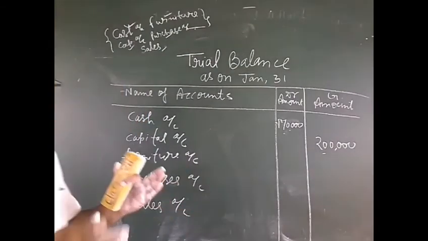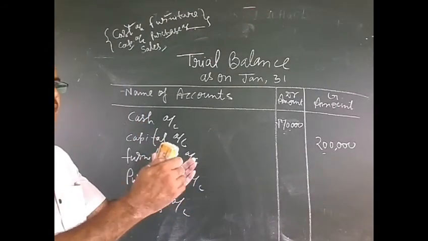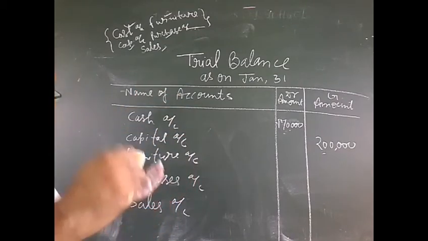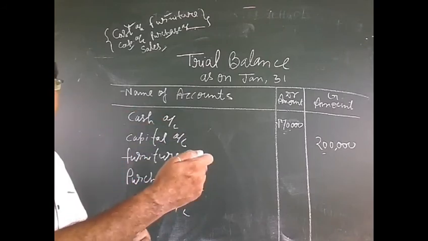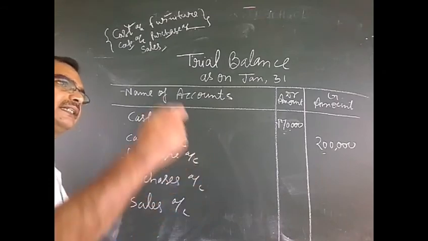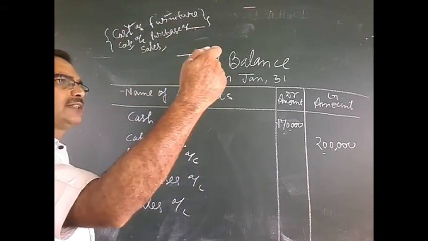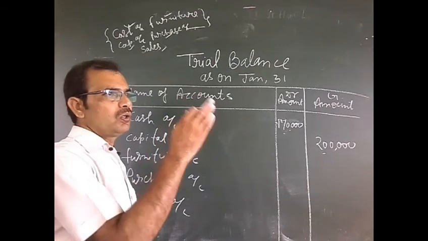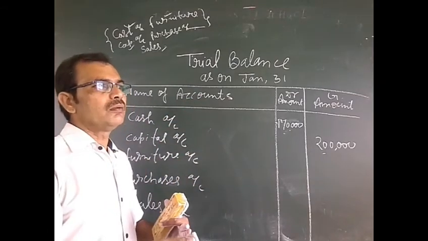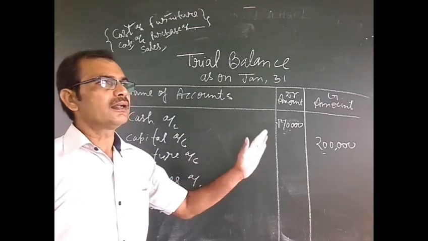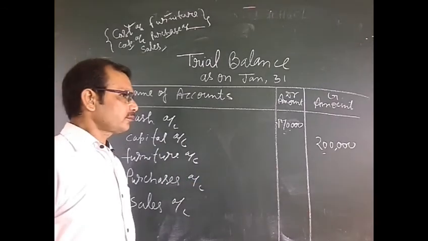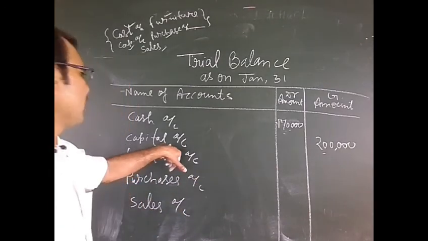Look students, when we add the amounts of both sides and after doing this, when we take balances and when we find balances, it was entered by the name of to or by balance carried down. If you see the balance carried down, we will apply here the opposite thing, like capital account.